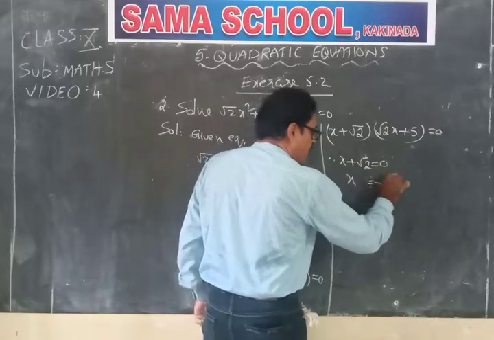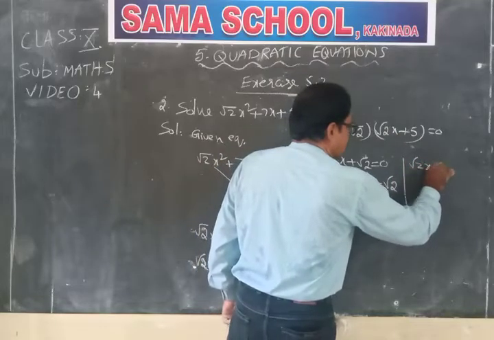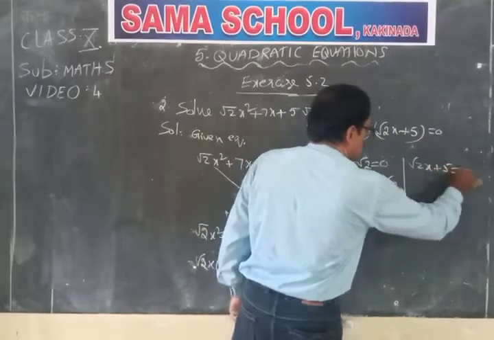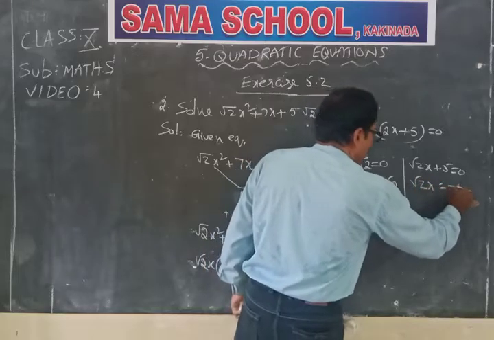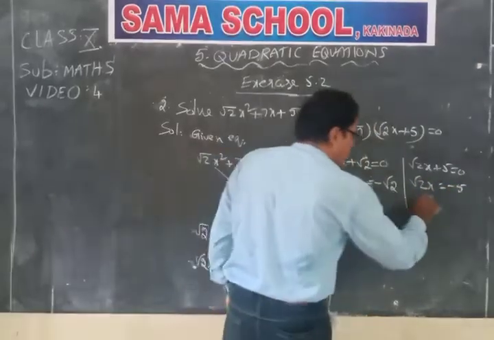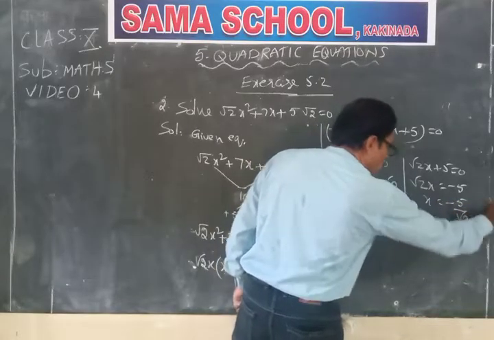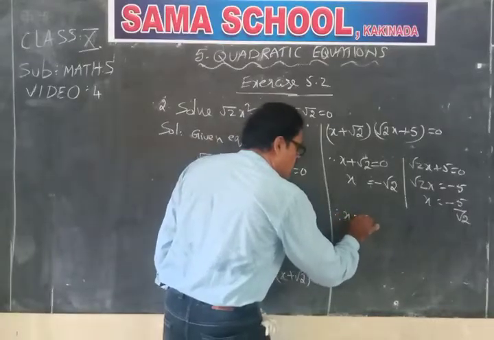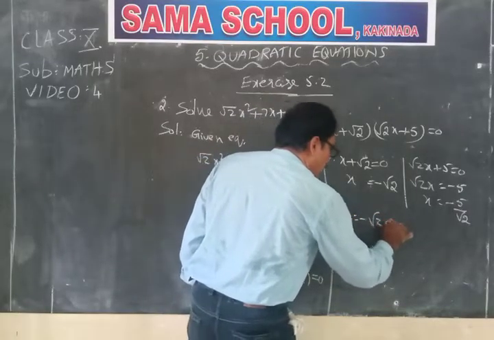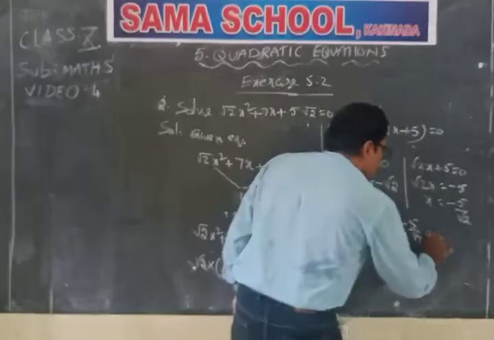And root 2x plus 5 is equal to 0, so root 2x is equal to minus 5 and x is equal to minus 5 by root 2.